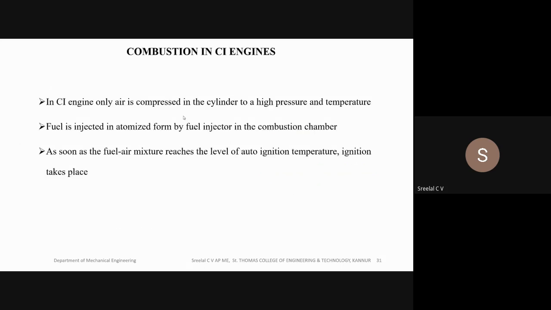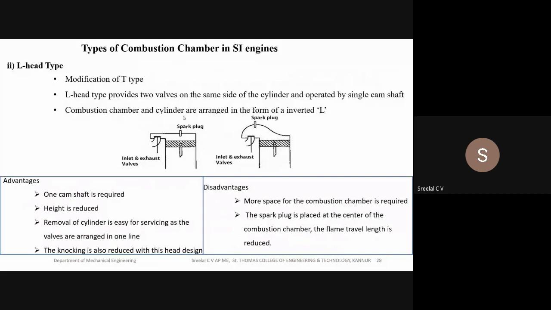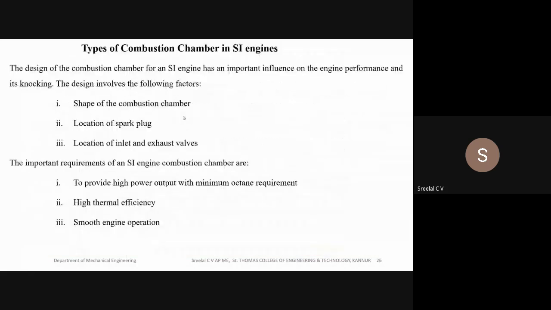So in the last class, we were discussing the types of combustion chambers in SI engines. First, we discussed the factors we must consider while designing a combustion chamber of an SI engine.